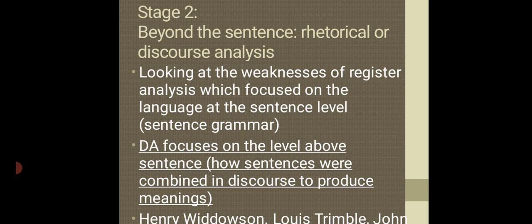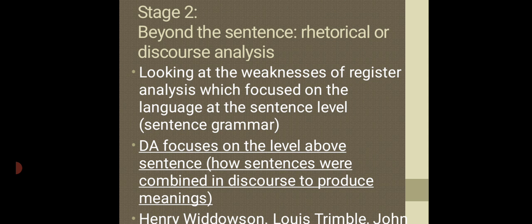Now we move to stage 2. We call it DA or discourse analysis. So discourse analysis looked at the weaknesses of register analysis, which focused on the language at the sentence level. Remember, in register analysis, we focus on the grammar.